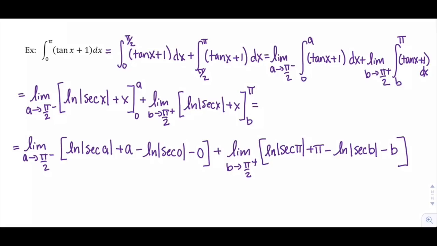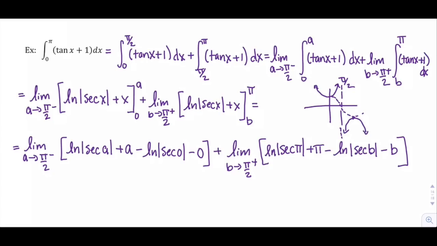Now, if you remember what the graph of secant looks like, I'm going to sketch it right here. We know secant is 1 over cosine. So cosine looks like this. So secant would have an asymptote here. And if you remember, it looks something like this. This is pi over 2 right here.